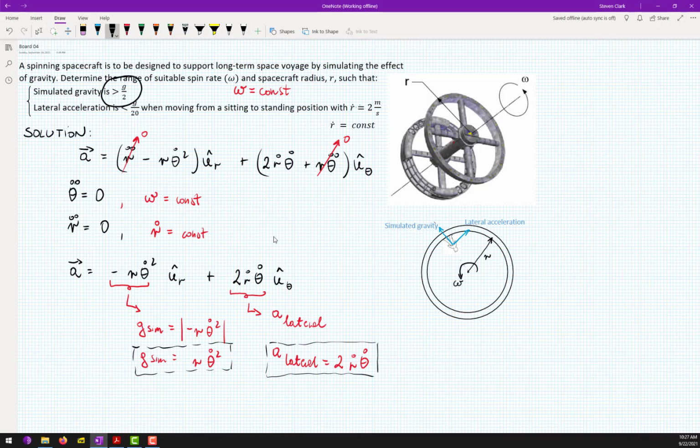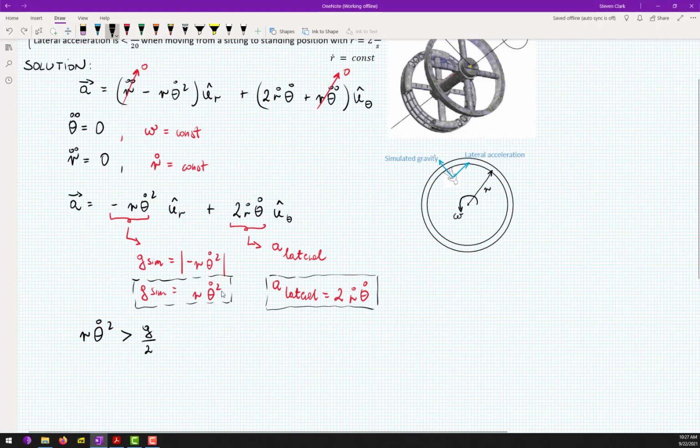If you look at the problem statement. So we should have R theta dot squared larger than G/2. And they also told us that A lateral should be smaller than G divided by 20. So we now have 2 R dot theta dot smaller than G/20.